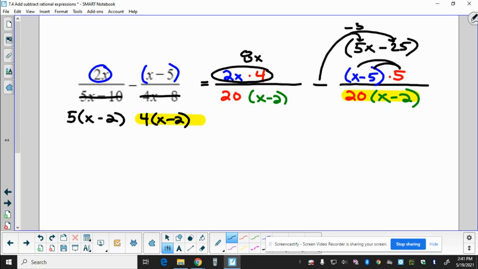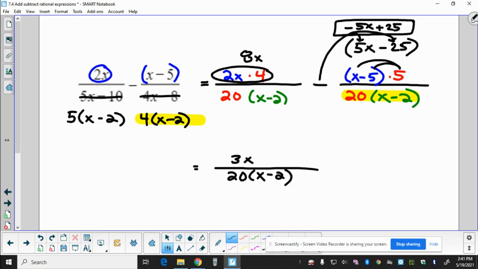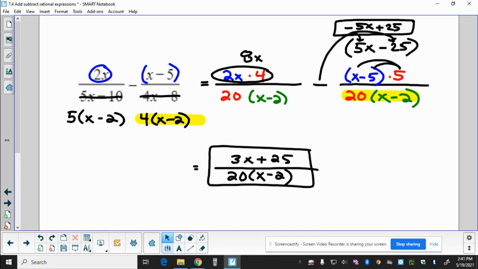So it's going to be minus 5x plus 25. So here I go. Denominator. Numerator is 8x minus 5x, 3x plus 25. Done.